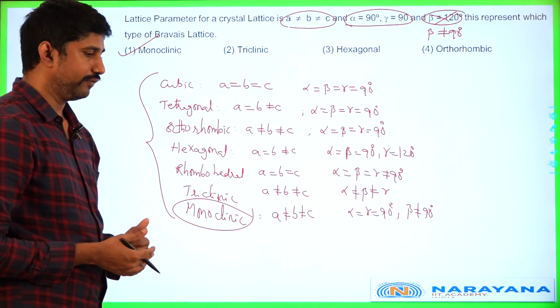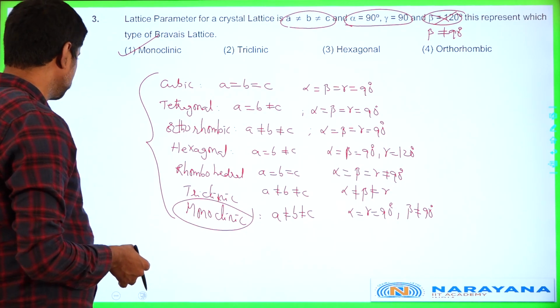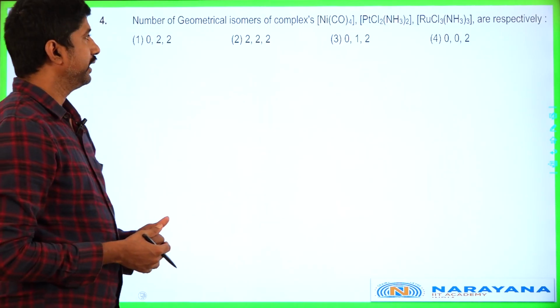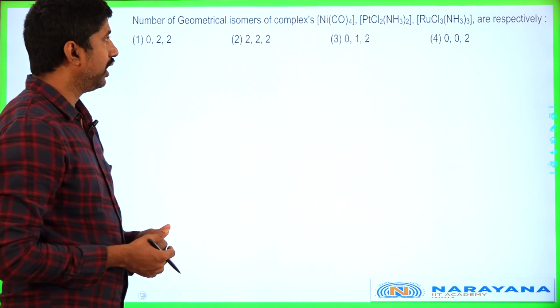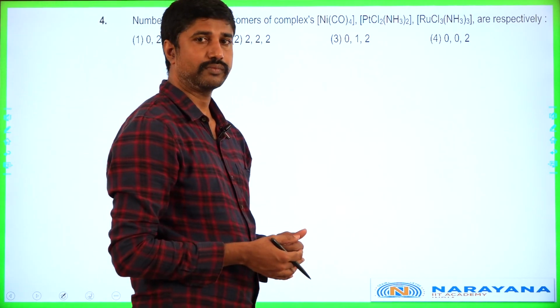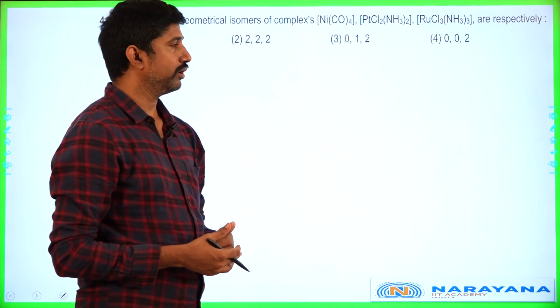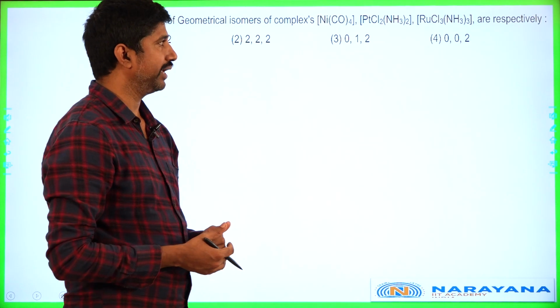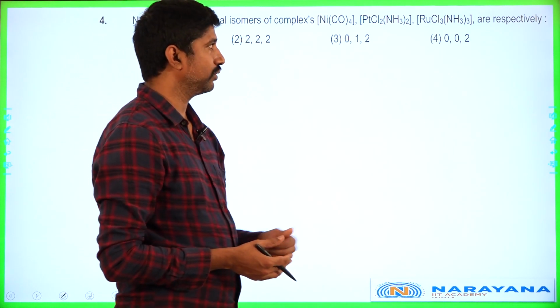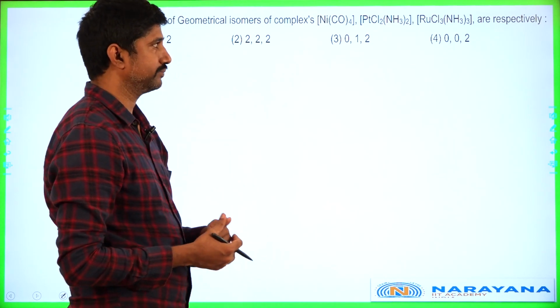Now, let us go for the next question, number 4. Number of geometrical isomers of complexes nickel tetracarbonyl and dichlorodiamine platinum complex, diamine platinum dichloride, and ruthenium trichloride ammonium complex.